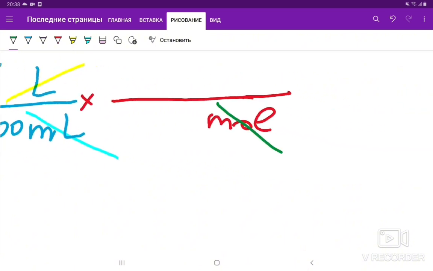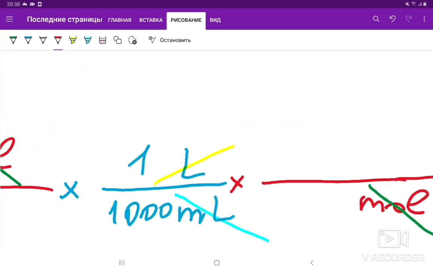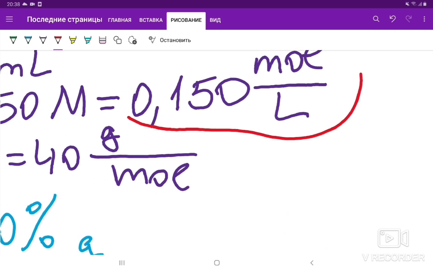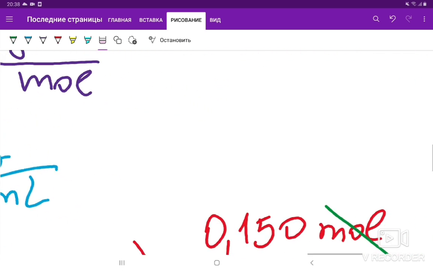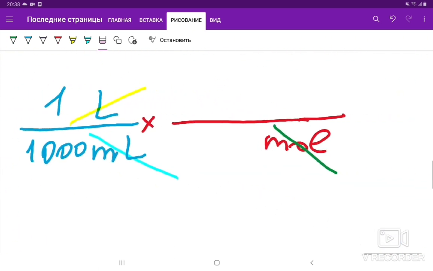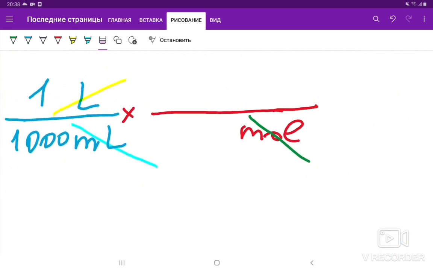But what could it be? Indeed, it can be the molar mass. If we look at the molar mass of sodium hydroxide, it is 40 gram per mole. So it means that in 1 mole we have 40 grams. So moles cancelled each other.